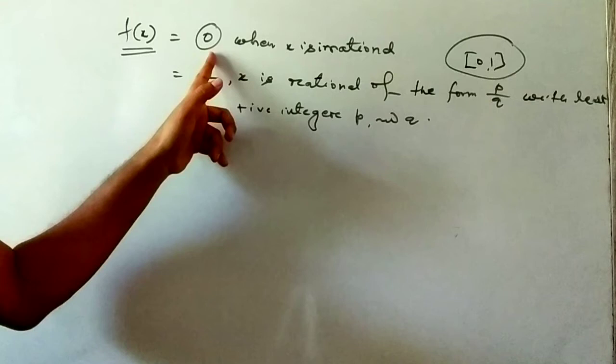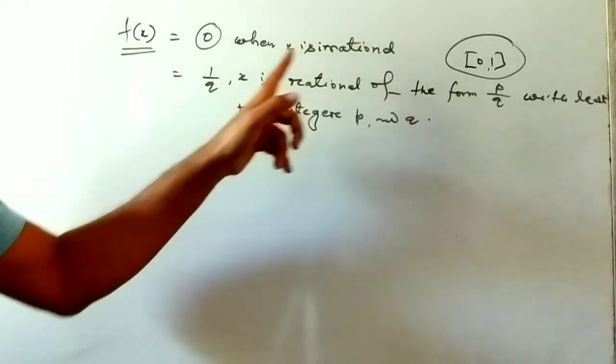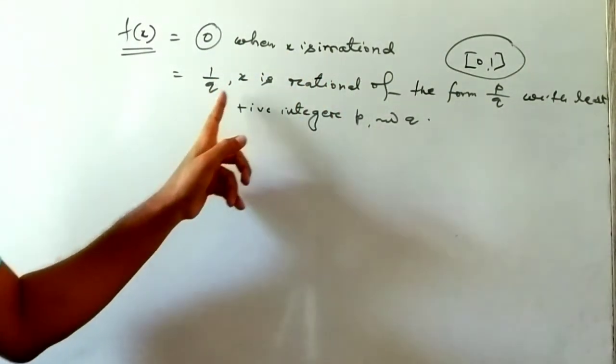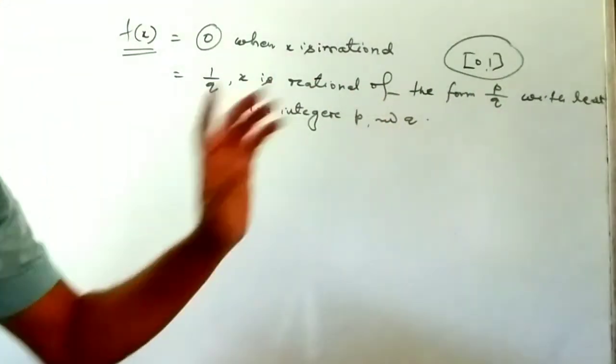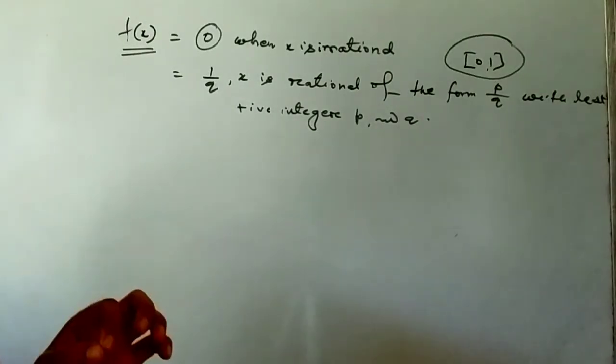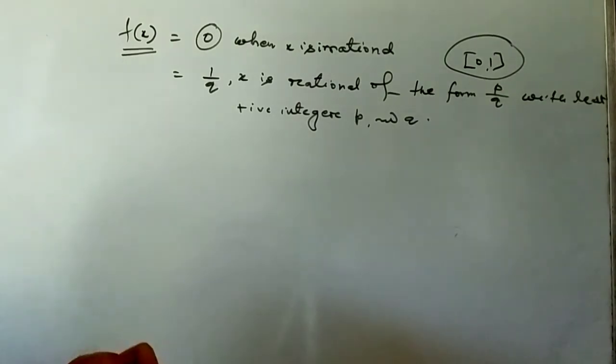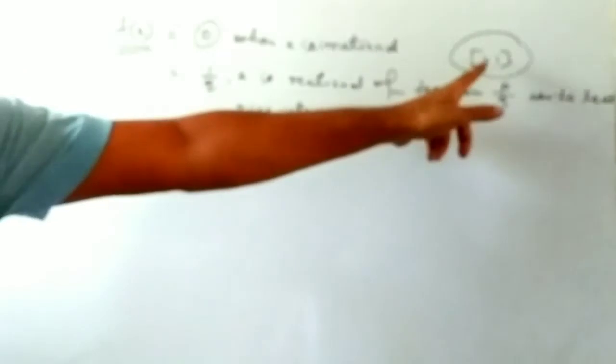f of x equals 0 when x is irrational and 1 by q when x is rational of the form p by q with least positive integers p and q. And we test the R integrability of f of x in the interval [0, 1].